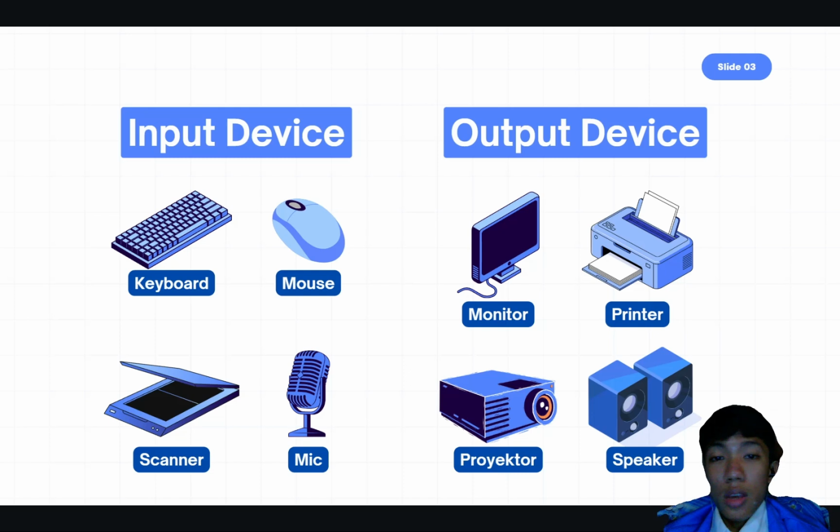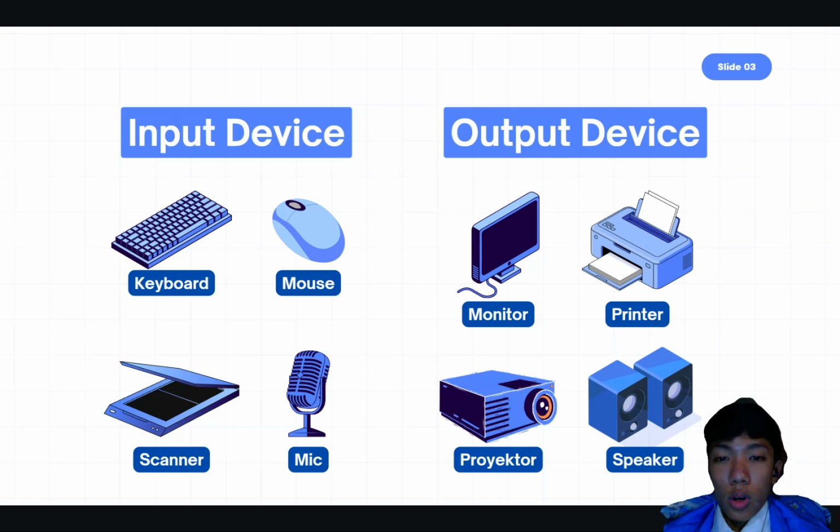Let's look at input and output devices. Input devices are used to send data and commands to the computer. For example, we use a keyboard for typing, a mouse for navigation, a microphone for recording sound, and a scanner for converting physical documents into digital files.